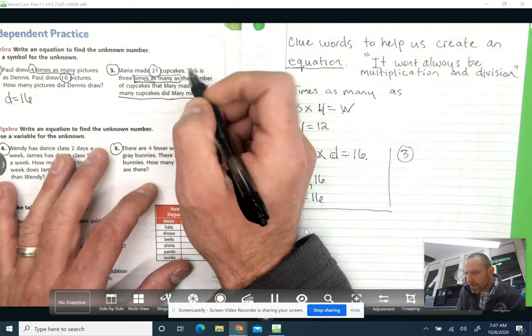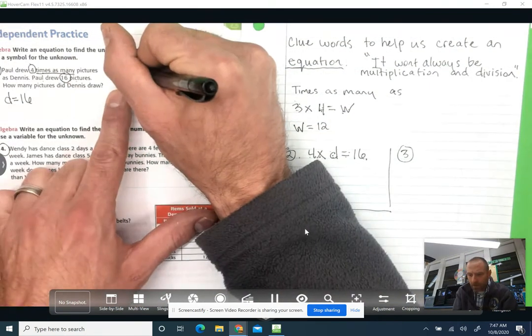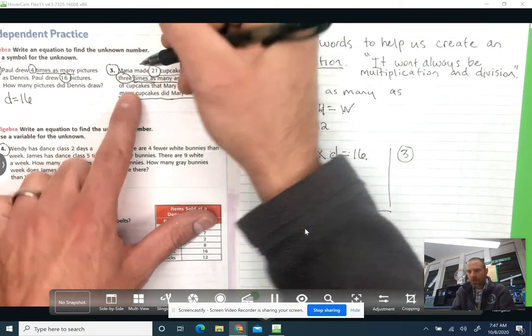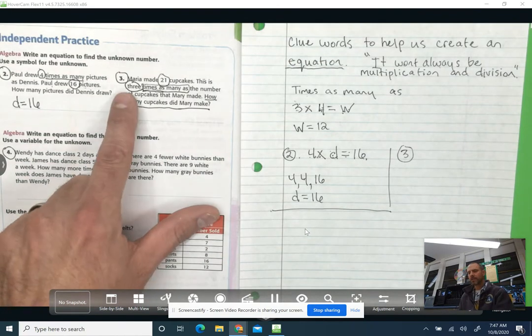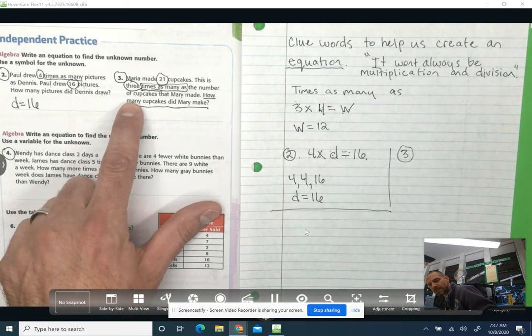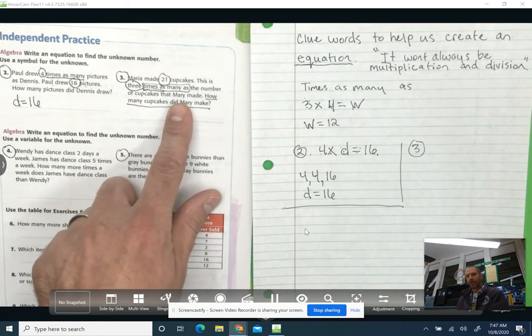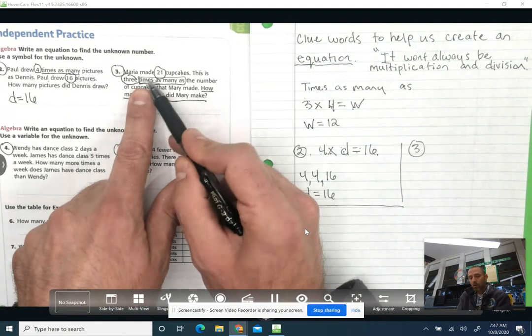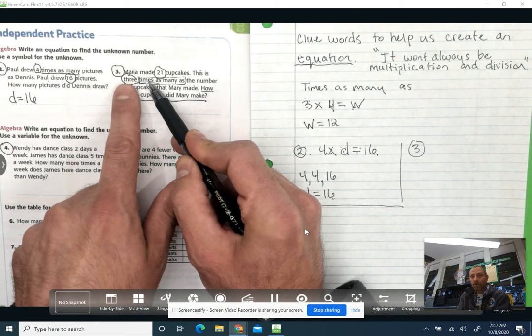Oh, here it is, times as many as. Box your clue word, and I got another number in word form. Maria made 21 cupcakes. This is 3 times as many as the number of cupcakes that Mary made. So there's our clue word times and the number in front of it.